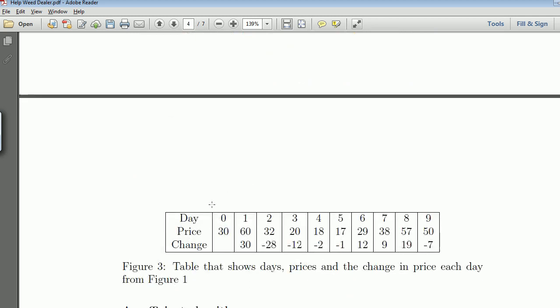So this is basically the indexes of the array, all these values, and these are the corresponding values for the indexes. And I also have a third row that tracks the change between the ith value and the i minus 1th value. I'll talk about why I'm using this change.